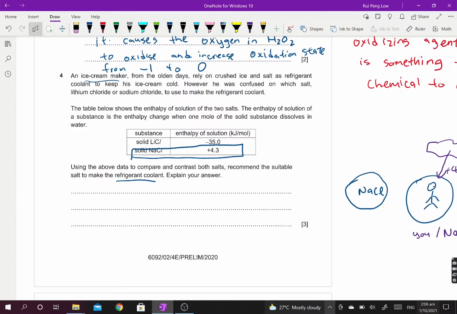Okay, so the answer will be NaCl, because the reaction with ice is endothermic.